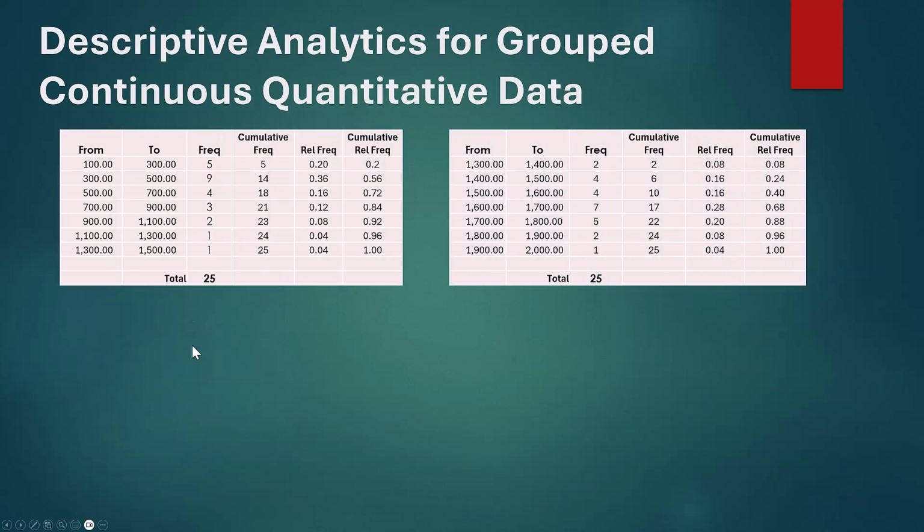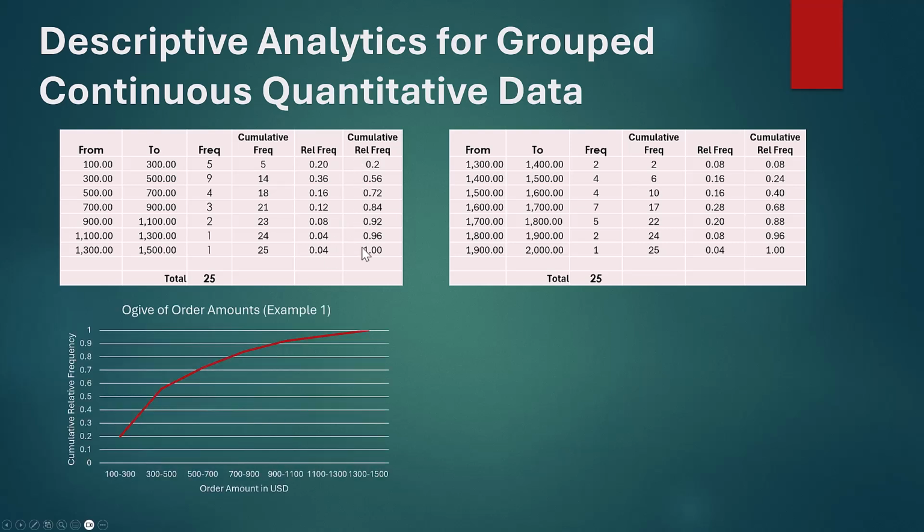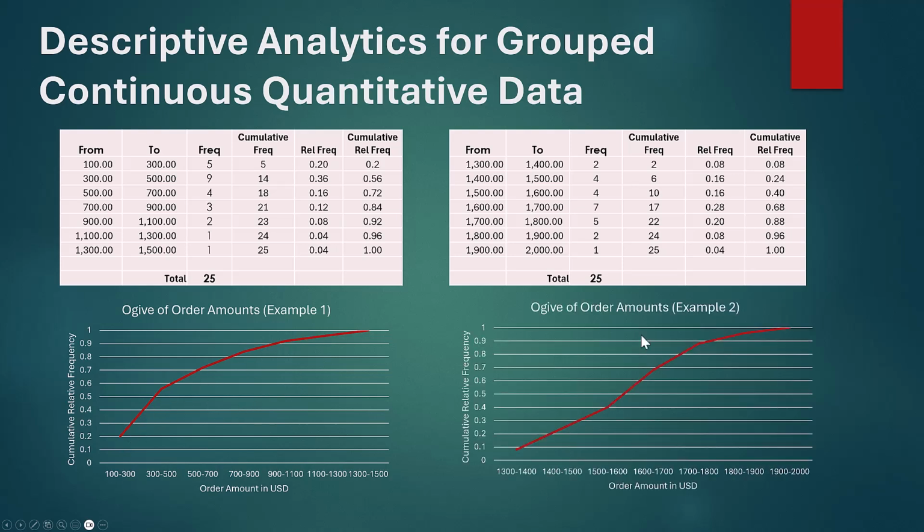So for the same frequency table, we have this cumulative relative frequency. So we are plotting these cumulative relative frequencies in this example and cumulative relative frequencies in this example. So this is called an ogive. So this also tells a story. This tells that most of the gain happened initially and then there was not much gain later on, which means most of these values were in the low range, only few values came later.